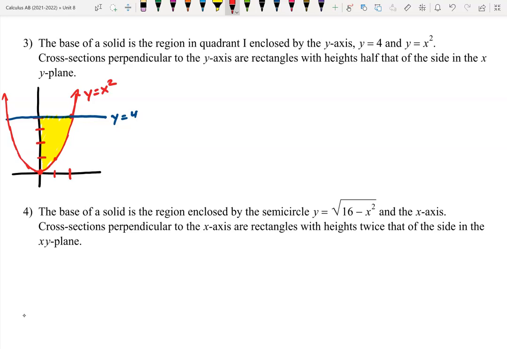Now, there is a little bit of a trick or a spin on this that they throw at you. They say that the cross sections are perpendicular to the y-axis. So we are not doing vertical cross sections.